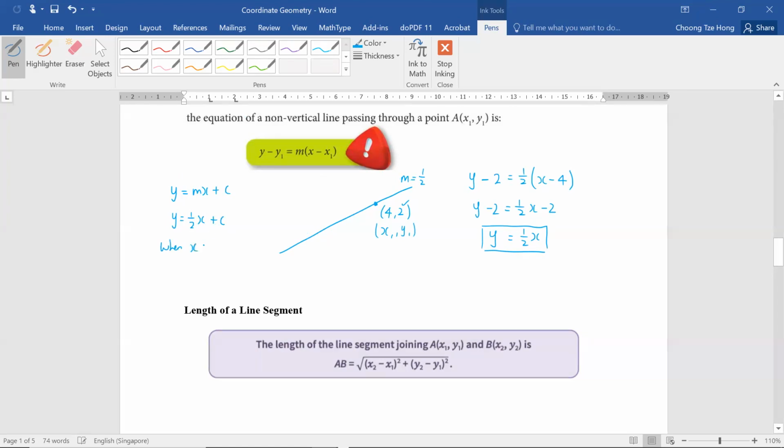So when x is 4, y equals 2. So 2 equals half times 4 plus c. Half times 4 is 2, bring over, so c will be 0. Therefore, your equation of the line will be y equals half x. So you can also use this method to find the equation of a straight line.